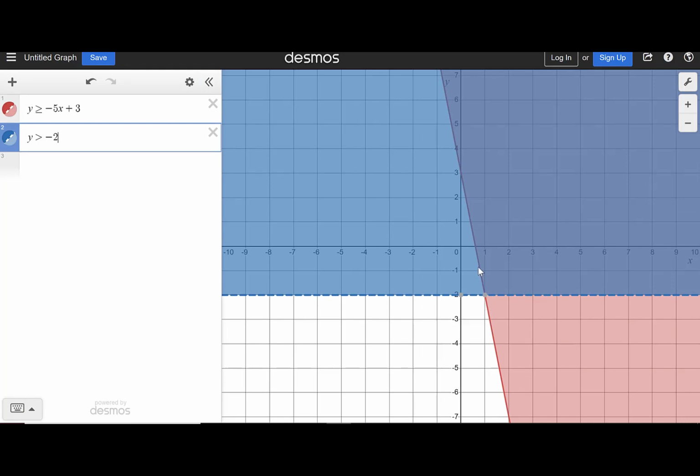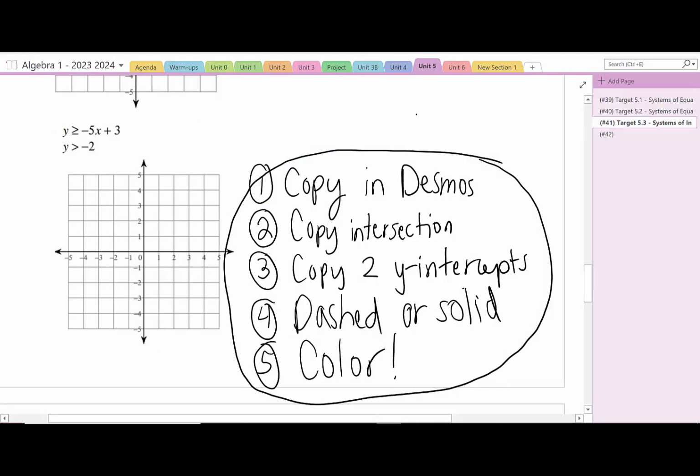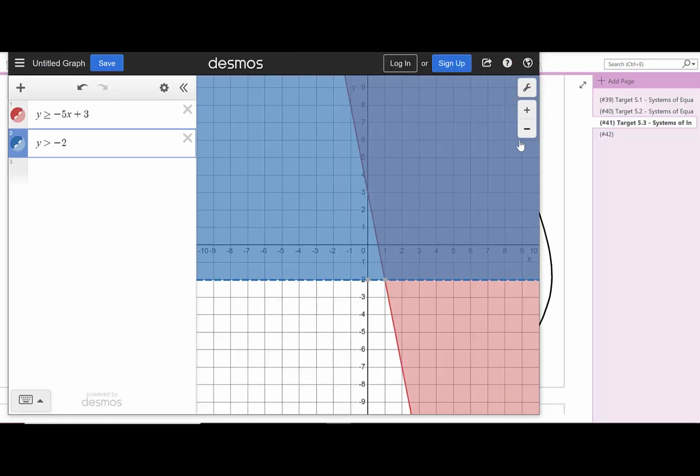All right, so you need to click the point at the intersection. So ahora necesitas tocar el punto que está en la intersección. So that would be 1, negative 2. So we're going to do the same right here. Make this smaller.